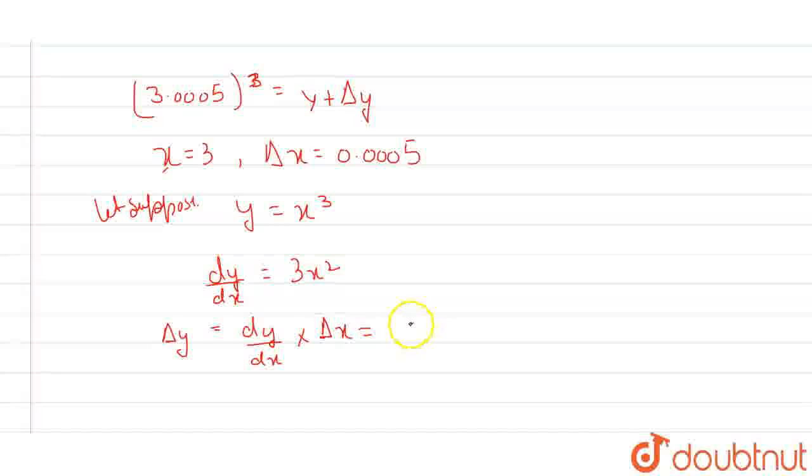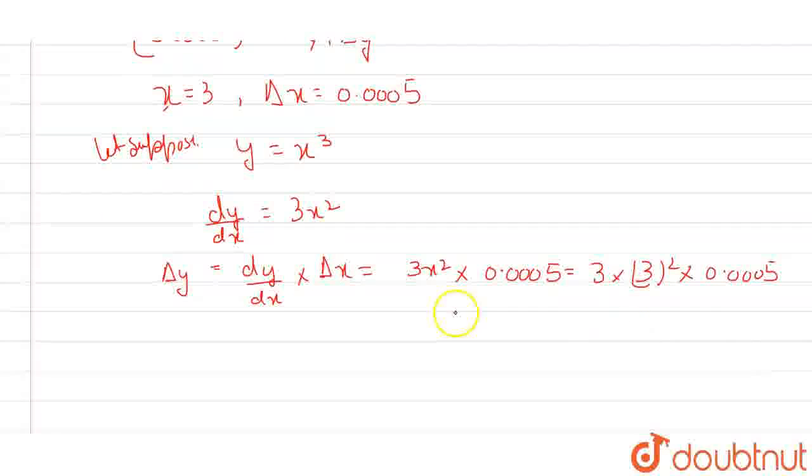So it will become 3x square into 0.0005, and the value will come out as 3 into 3 square into 0.0005. When we make the change in delta y very small, it can be done like this.